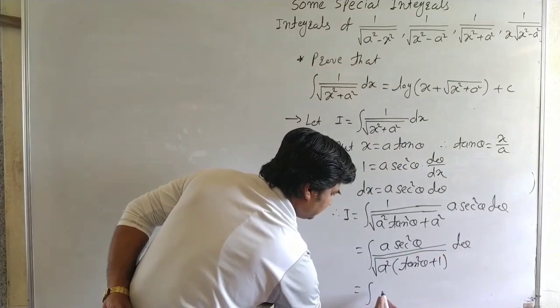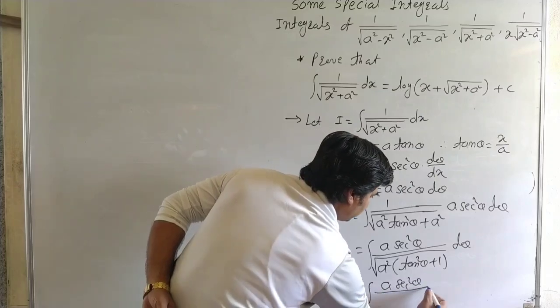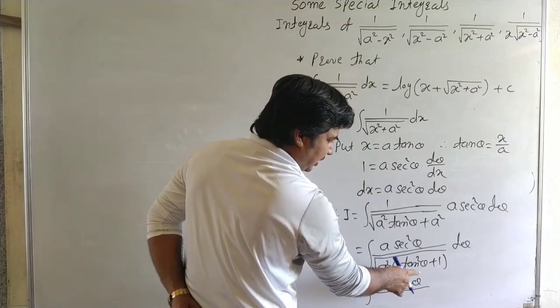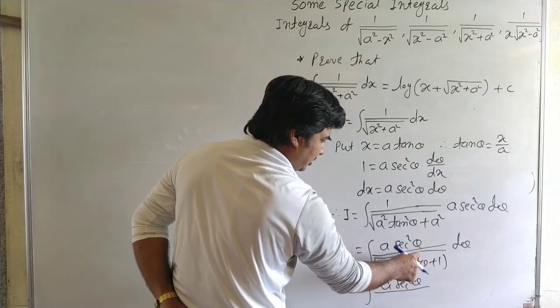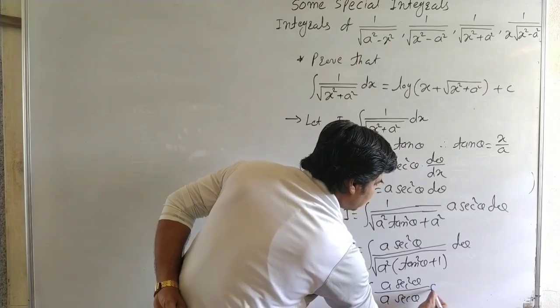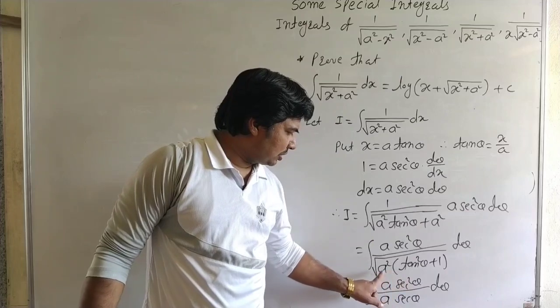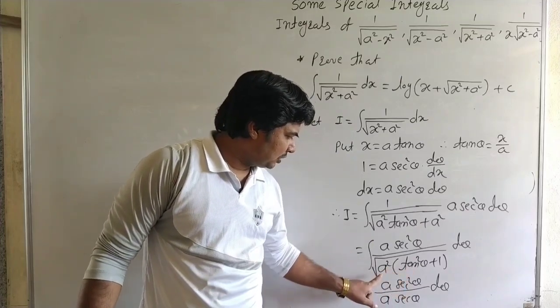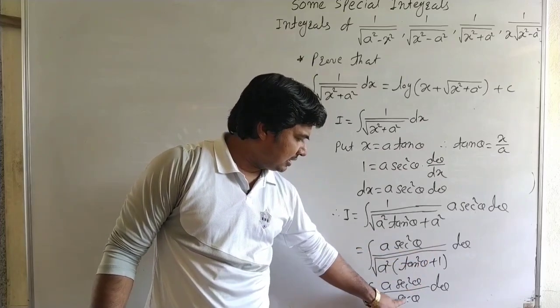Now see carefully: 1 plus tan square theta is sec square theta, so under root of a square sec square theta is a sec theta.